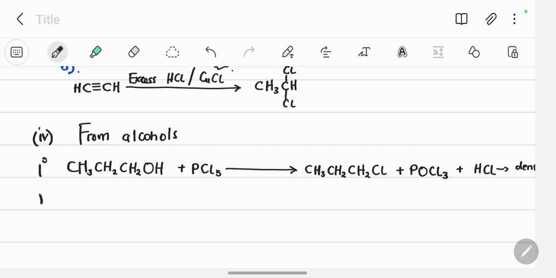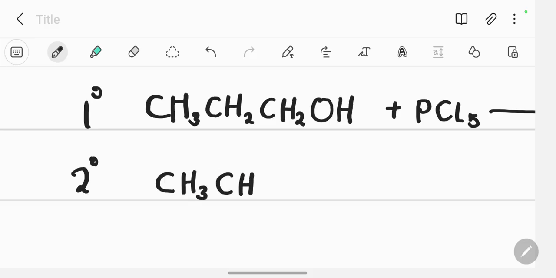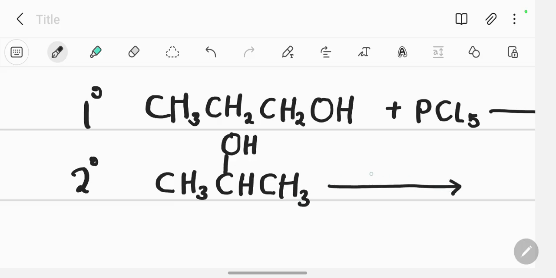What if we have a secondary alcohol here? With the secondary alcohol, I'm going to have CH3, CH, OH there, then CH3, then I add in PCl5.